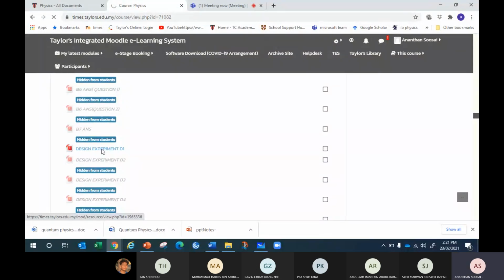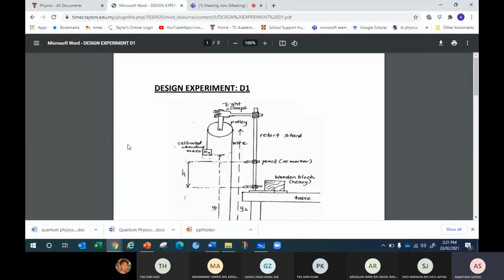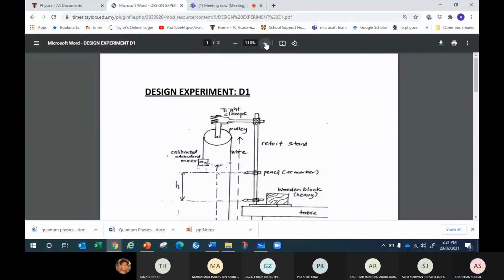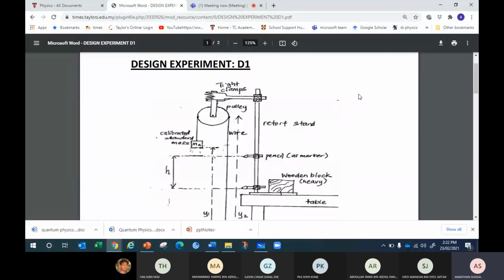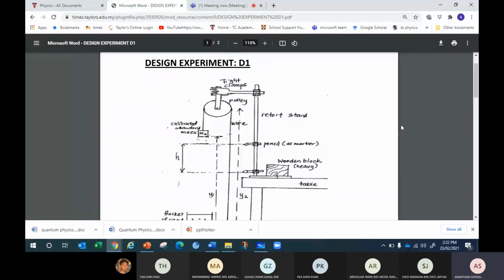Yeah, design experiment 1. Okay, can you see the document? Yes. Yes.